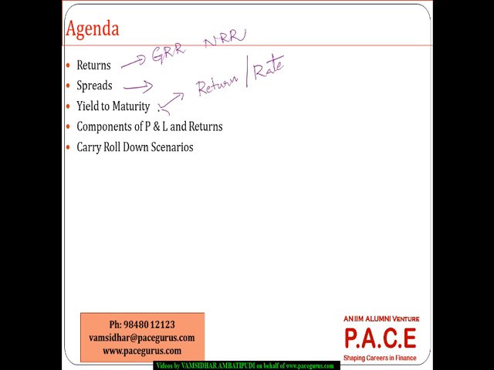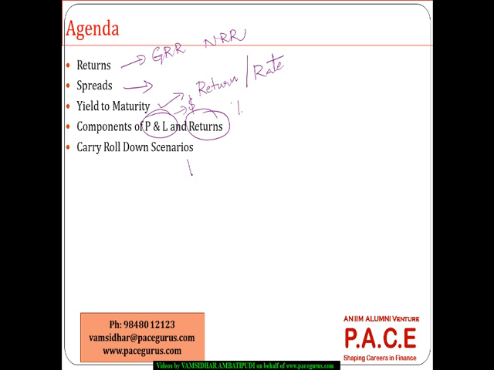Then the profit and loss associated with an investment in a bond. What are the key components of that? We'll talk about different components associated with the profit and loss as well as the return. Profit and loss is more in a dollar form, whereas the returns are more in a percentage form.